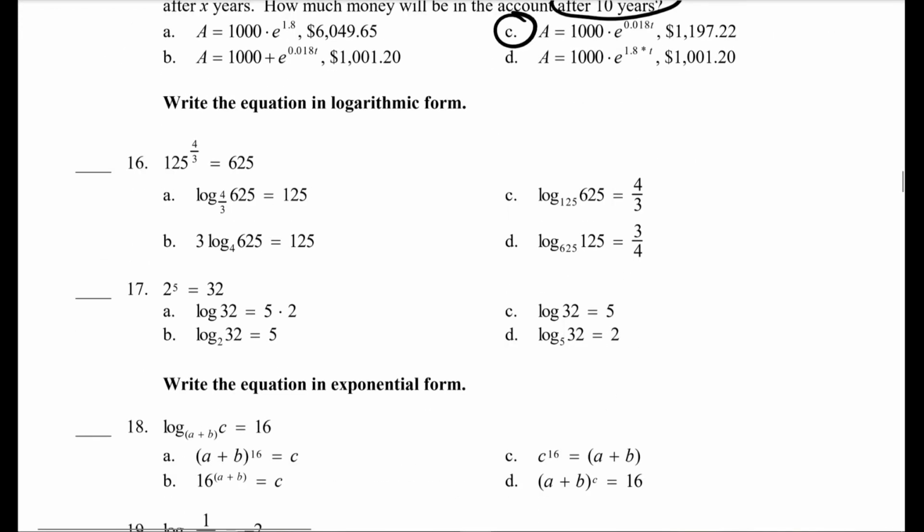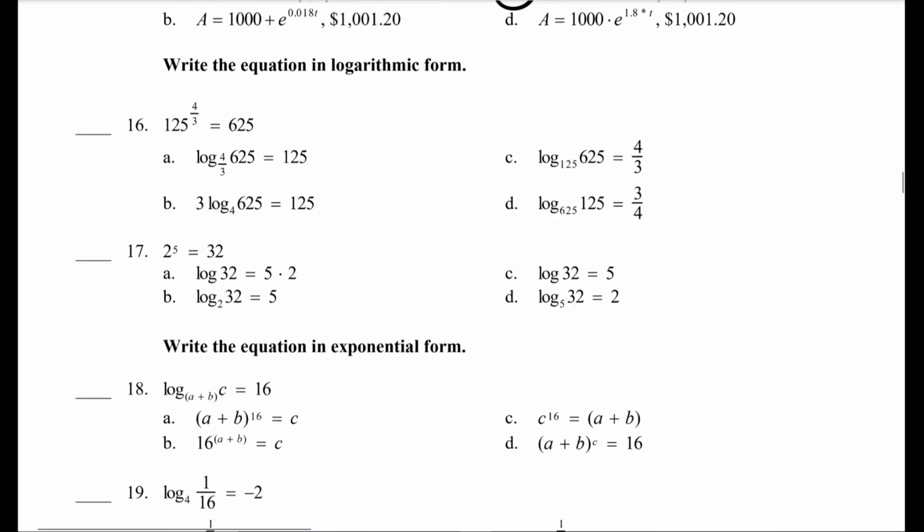All right. So we're going to write the equation in logarithmic form. So remember that the purpose of the log is to retrieve the exponent. So what we want here is to actually retrieve this exponent right here. So in order to do that, we need to get rid of the 125. So what we're going to do is take the log base 125 on both sides.